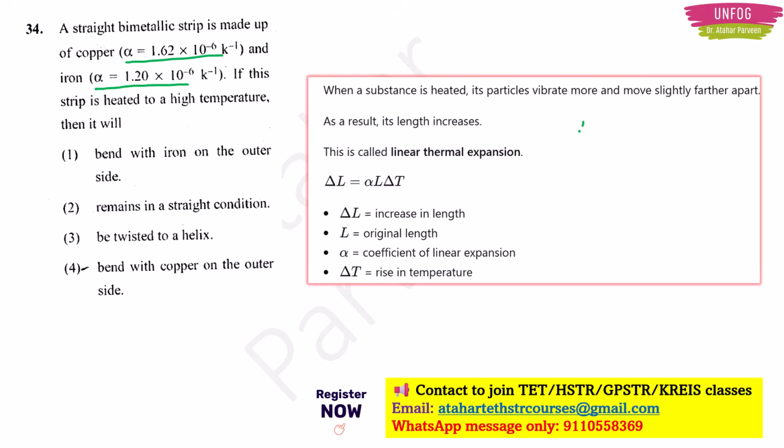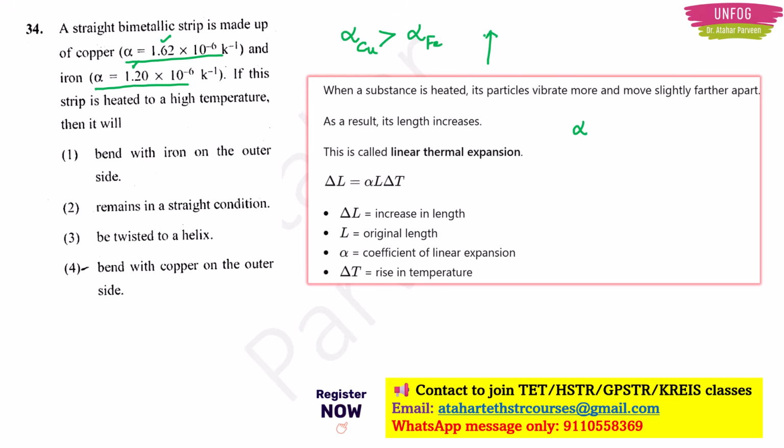Alpha, the coefficient of linear expansion. So here, as they have given for copper, they have given 1.62, and for iron they have given 1.2. So obviously copper thermal expansion is greater than iron thermal expansion. So with that you have to choose the correct answer from the 4 options. Now see, if the thermal expansion is more for copper, then obviously copper will increase more, right?